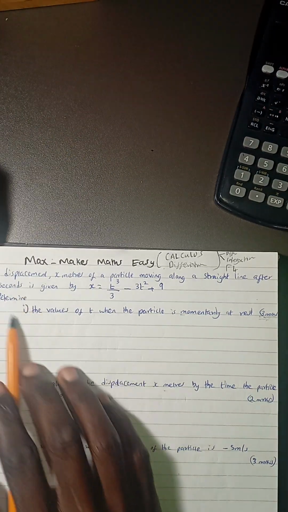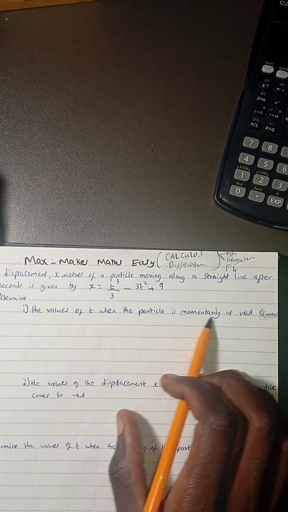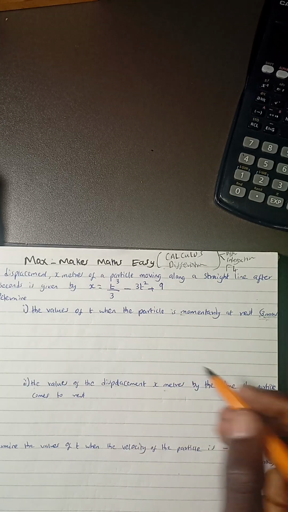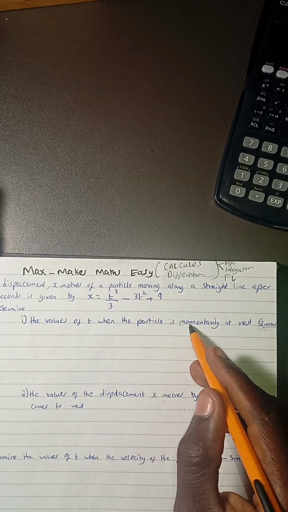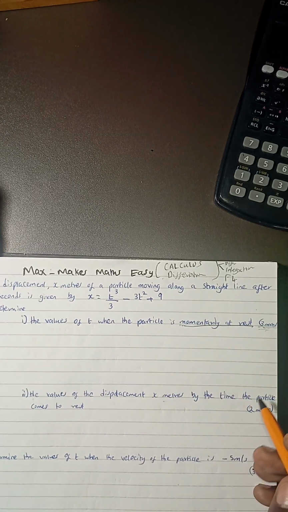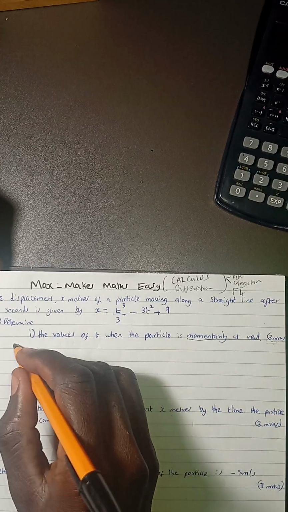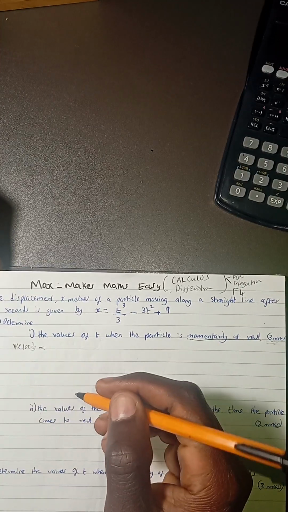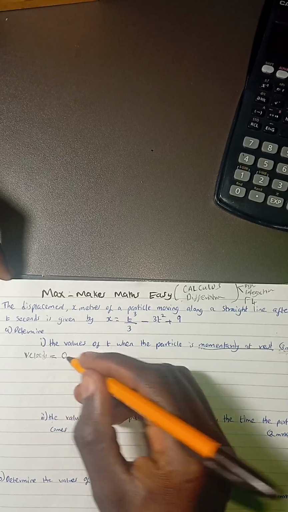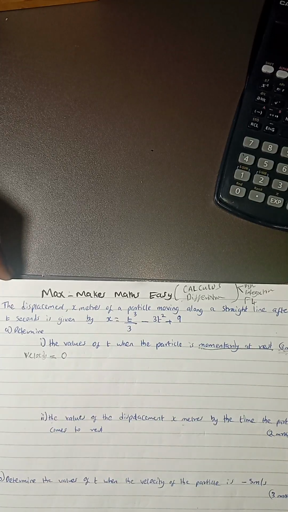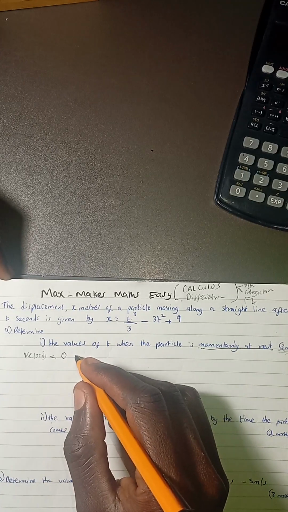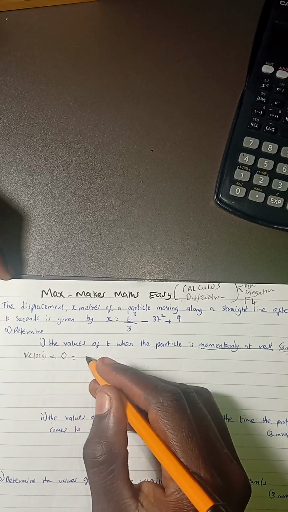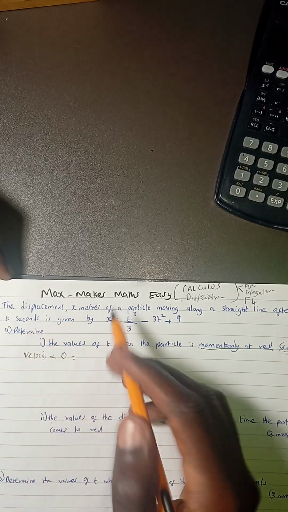So the first question is the values of t when the particle is momentarily at rest. What do we mean by momentarily at rest? Momentarily at rest means the velocity is equal to 0. What is the velocity? The velocity is the derivative of the displacement.